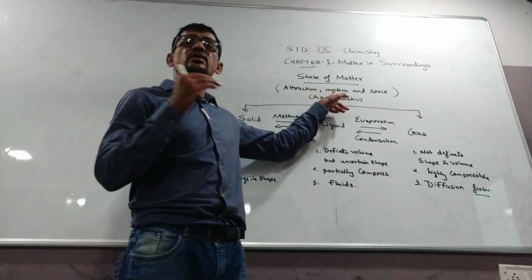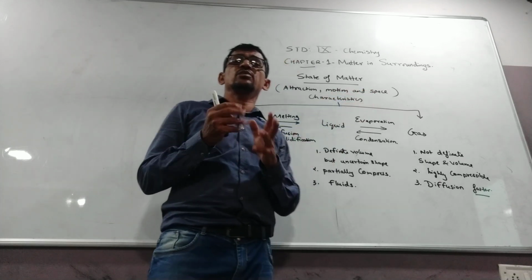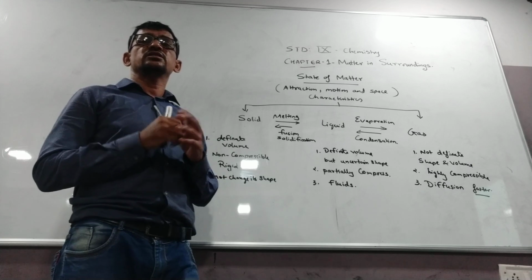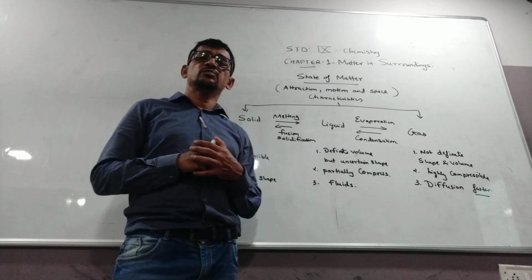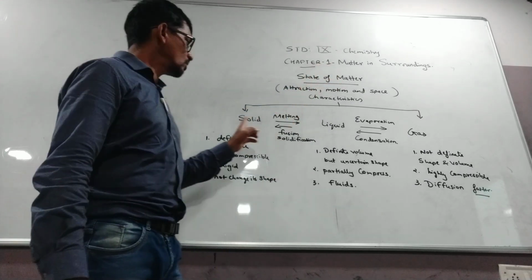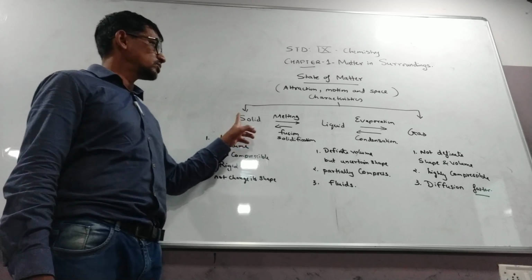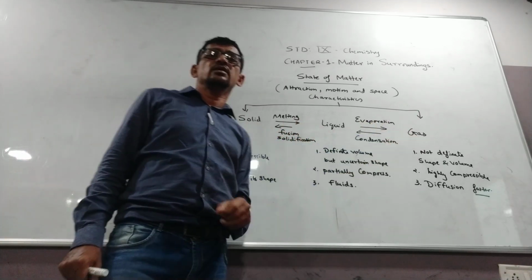That particular matter will move faster or slower. Third one, space between them. Some matter has more space and some matter has less space. Depending upon that, matter is classified into three states. First one is solid, second one is liquid, and third one is gas.